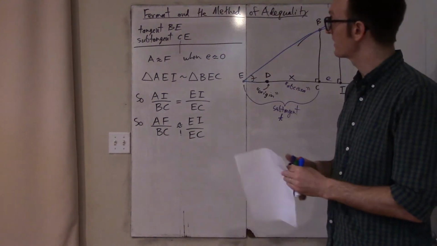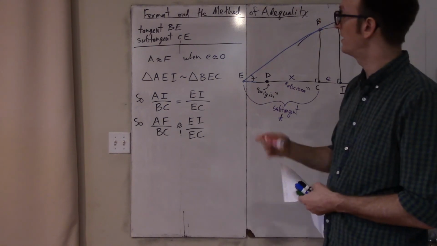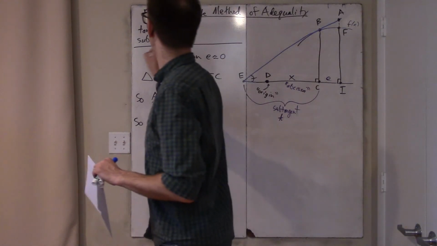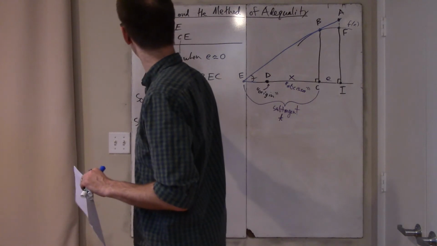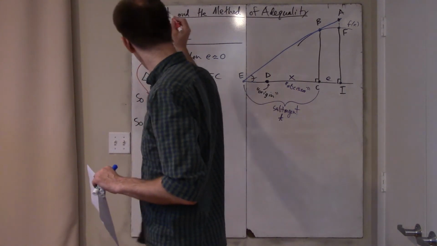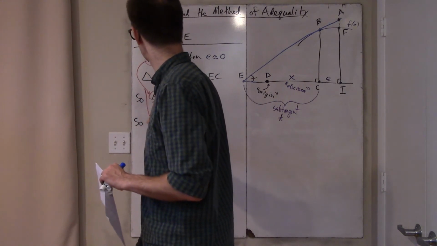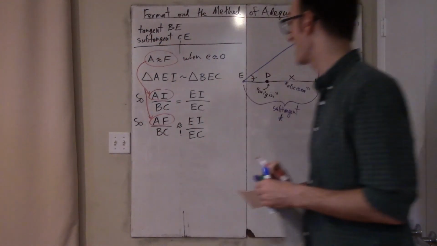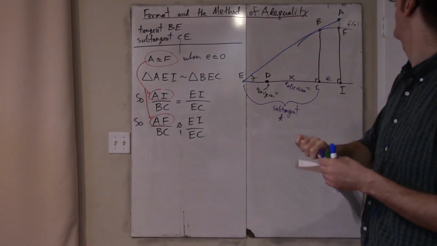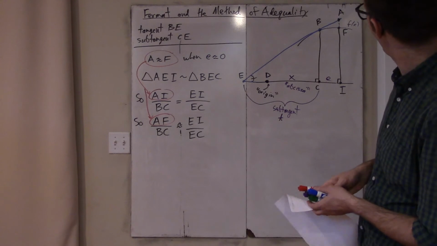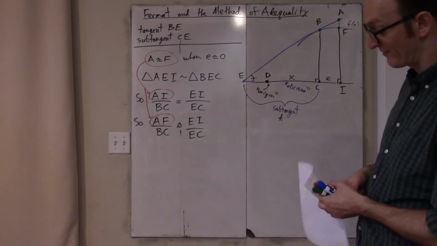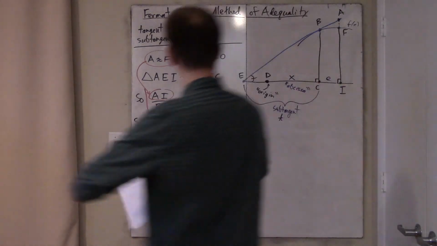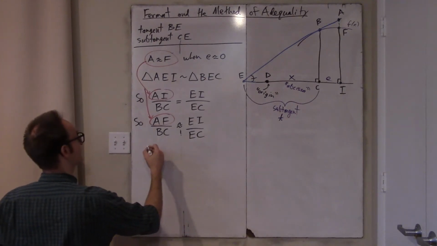So here, what I have done is I use the fact that A and F are pretty much just the same thing when I made this substitution here, AI for AF. Okay, and so, well, what is AF? It's basically just the value of the function. AF is basically just f of x plus e.